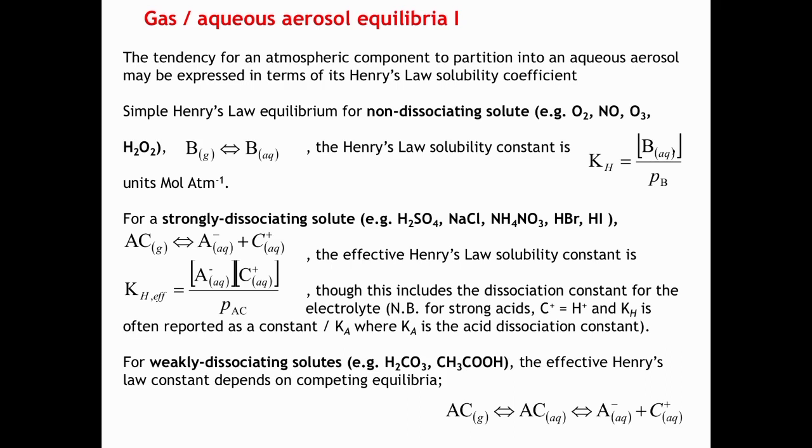So if you have a component AC with a given concentration in the gas phase, and it dissociates to A minus plus C plus, then your solubility constant is defined by what you have in the condensed phase divided by your partial pressure in the gas phase.